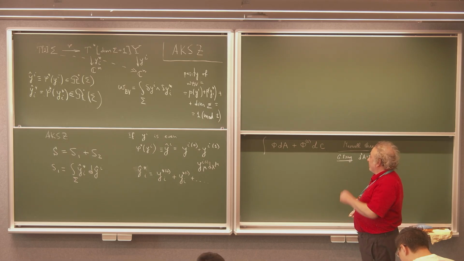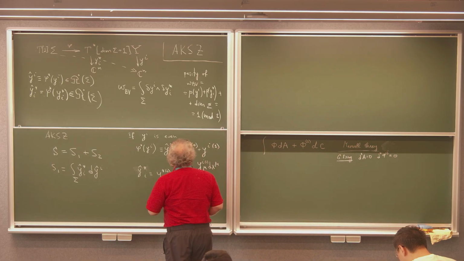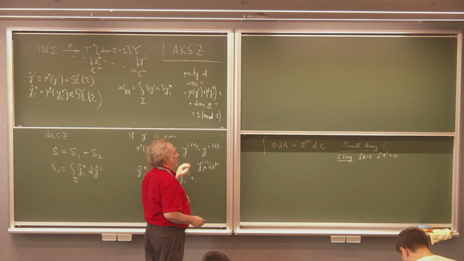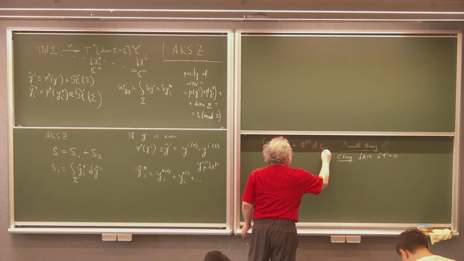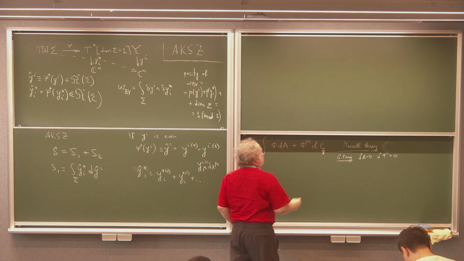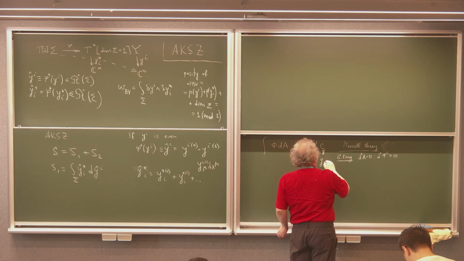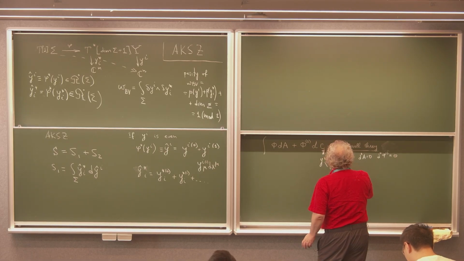What does it mean? It's interesting to see what is the field phi, what is the field yi. It is this one. So yi is what?